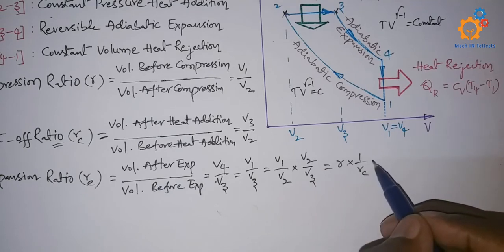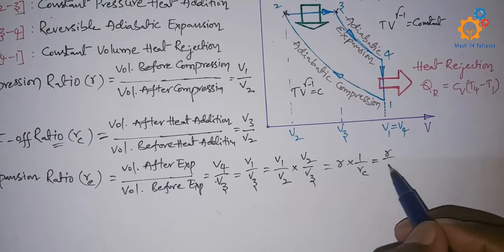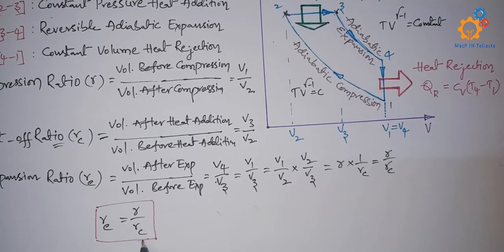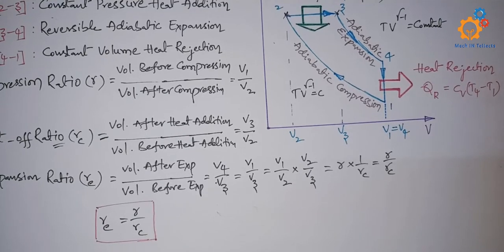Alright, so this is R by RC. So I have expansion ratio RE equal to R by RC. Remember this. This is also useful in objective type questions.